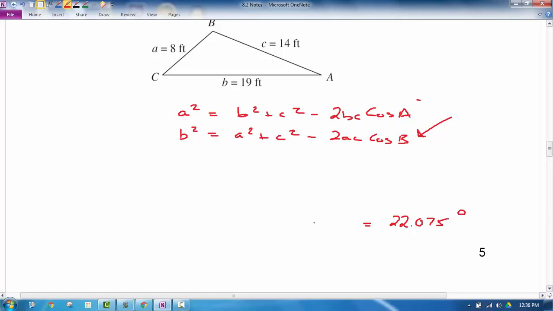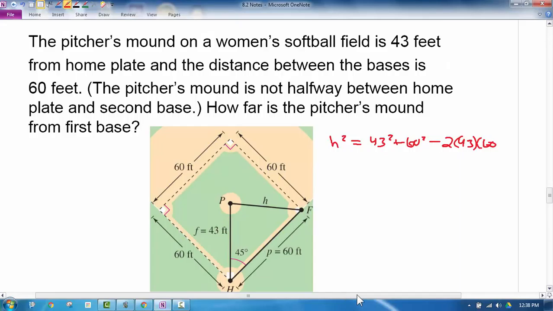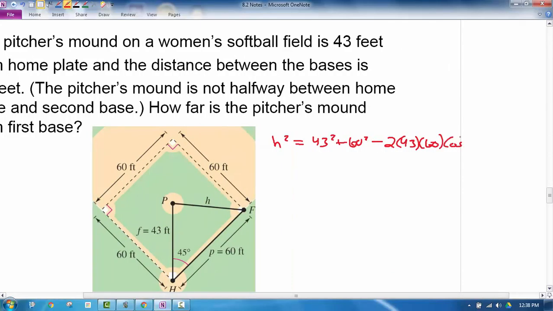We could do a quick example with a softball field. The distance between home and first base is 60 feet. The distance between the pitching mound and home is 43 feet. I'm going to plug this into the formula right away. On the opposite side, h squared equals the other two sides squared, so it'll be 43 squared plus 60 squared minus 2 times 43 times 60 times the cosine of the angle, which is 45.